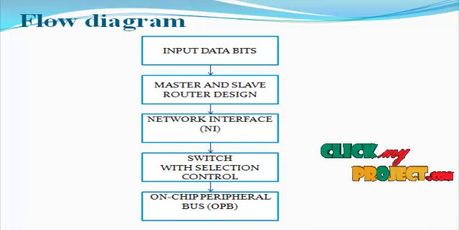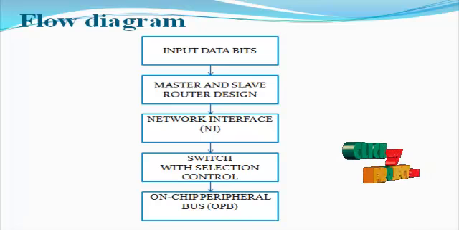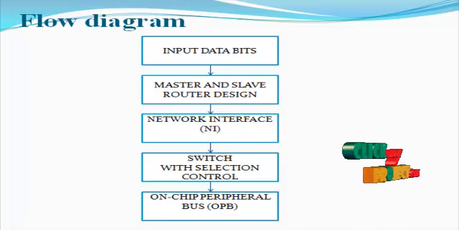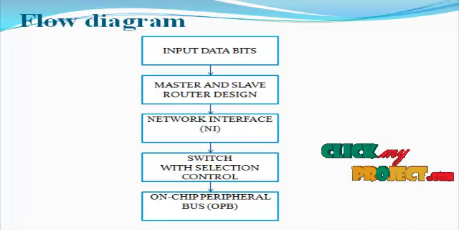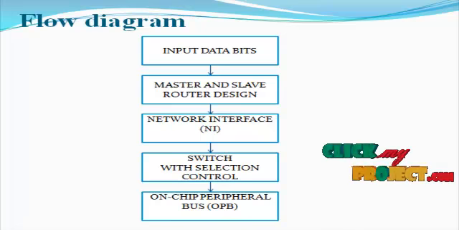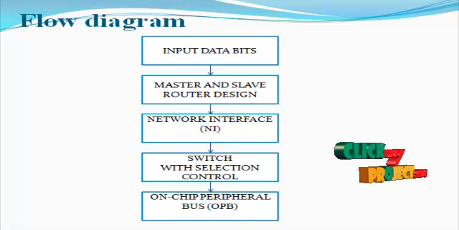This NOC network passes the data input from router to router configurations, and the network interface initializes the routing positions, passes the central switching conditions, and selects among the 4 routing positions. Then the network interface passes parallel to the internal and external positions of each and every master and slave router design.